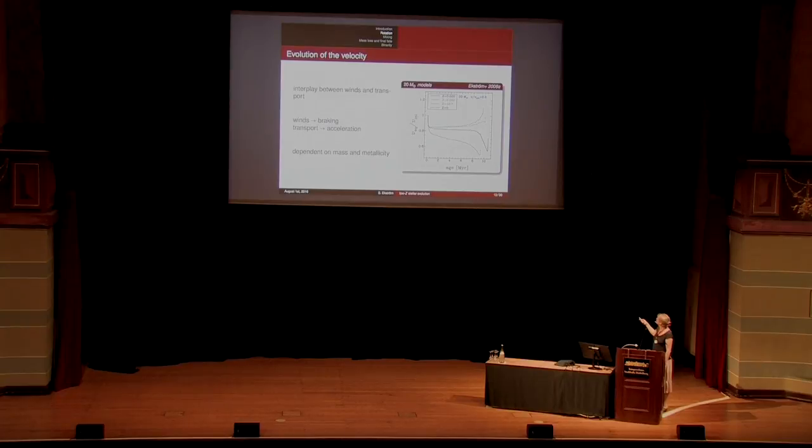And you see that that is what you expect at solar metallicity, a rather flat main sequence, more or less. And when you go to lower metallicity, you see that, on the contrary, it increases. Why? Because when you lower the metallicity, you diminish the strength of the winds. The winds are weaker, and so you expect this to occur. The transport is also weaker, but the effect of lowering the winds is stronger, and so the velocity can increase during the main sequence.